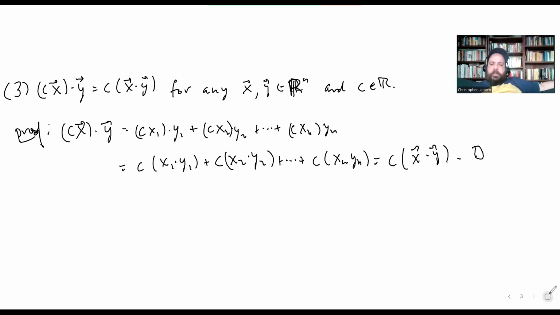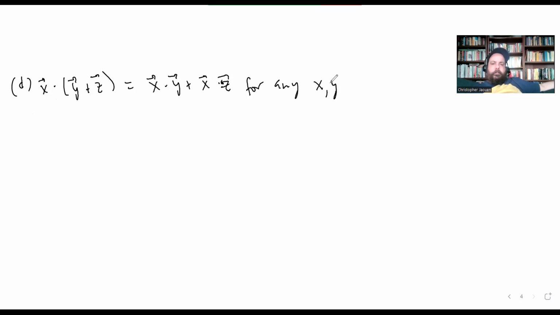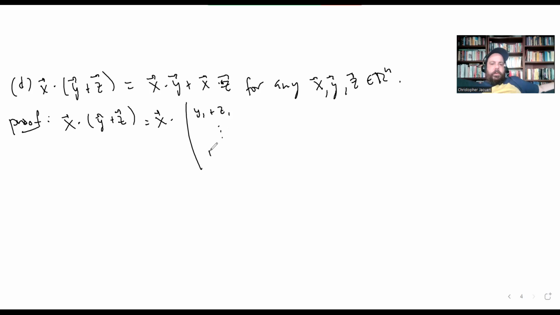Okay, and I think the last property was the distributive law. Okay, so proof: let x, y, and z be vectors in R^n, then x dot y plus z is x dotted with the vector y1 plus z1 up to yn plus zn, which is equal to x1 times y1 plus z1, and so on.